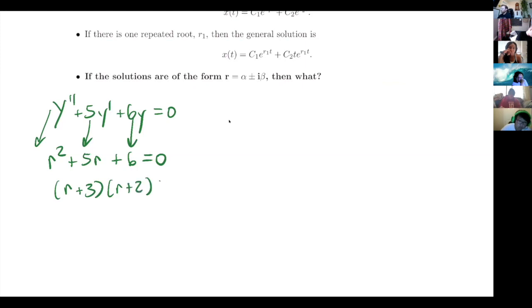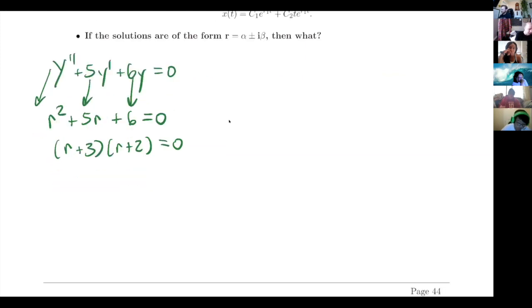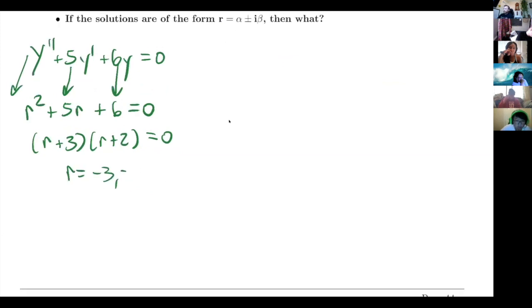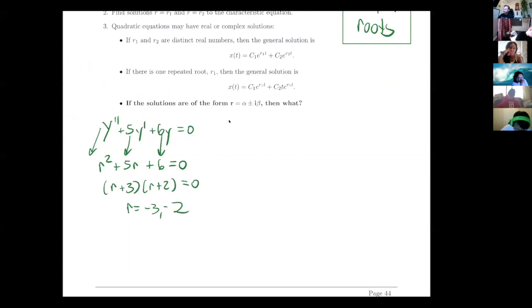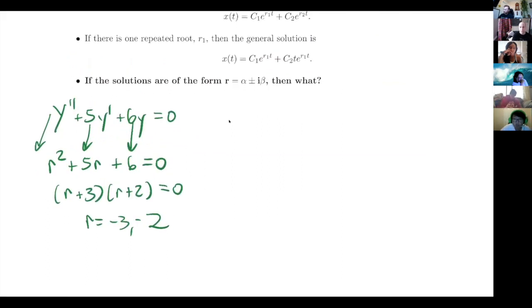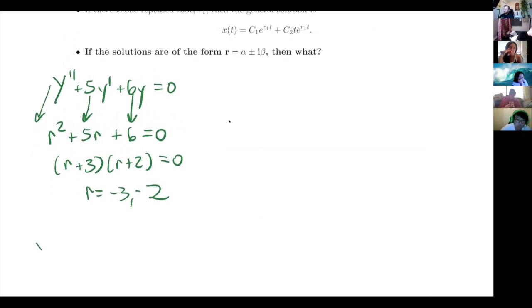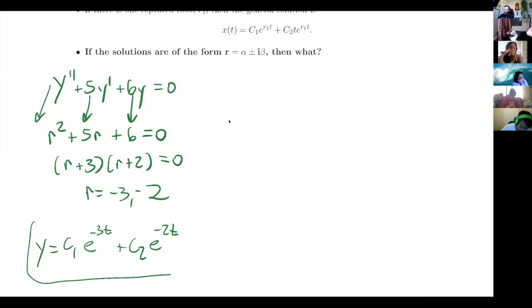In this case, we can factor it, and we see that we have two distinct roots, -3 and -2. From that, our general solution is C1 e to the -3t plus C2 e to the -2t. So that's a quick recap of the process we talked about last time.